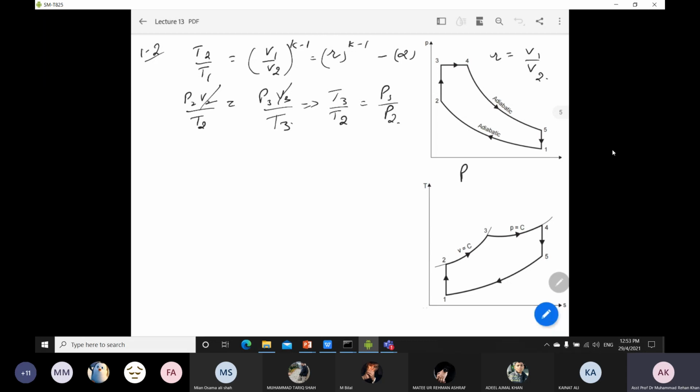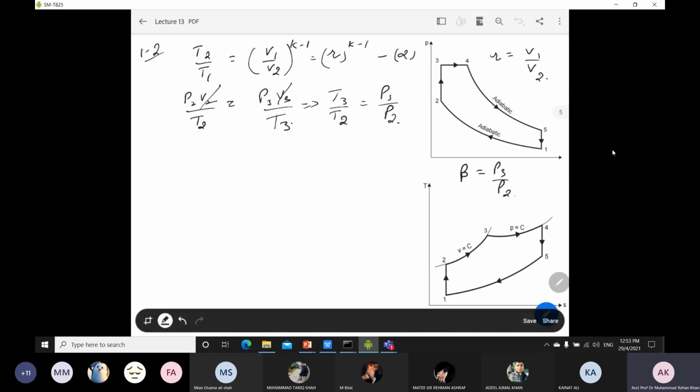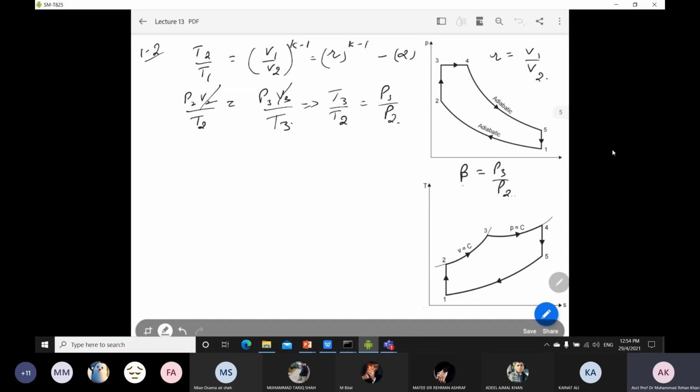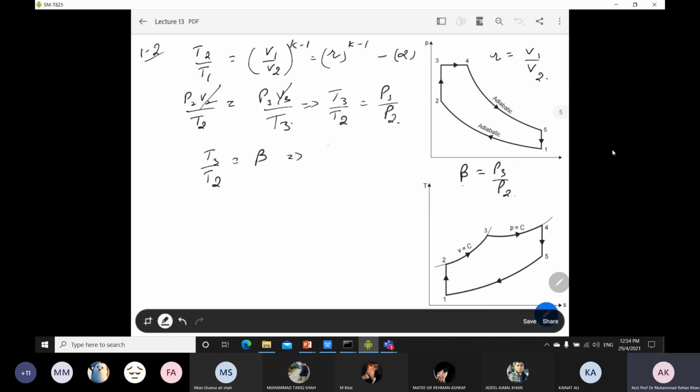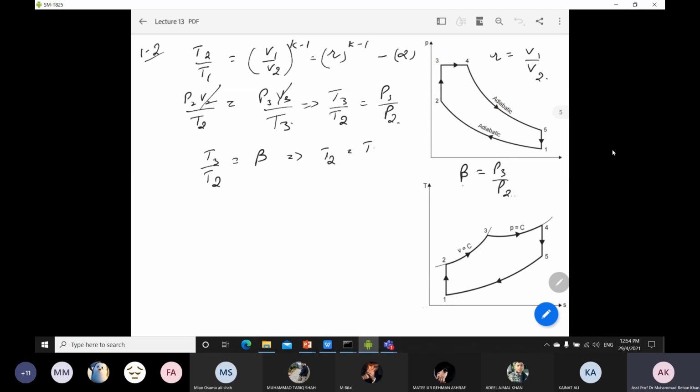This P3 over P2 is called beta, the pressure ratio, also called the explosion ratio. It is related to the constant volume heat addition process. So T3 over T2 is equal to beta, or T2 is equal to T3 over beta, and you can mark it as equation number 3.